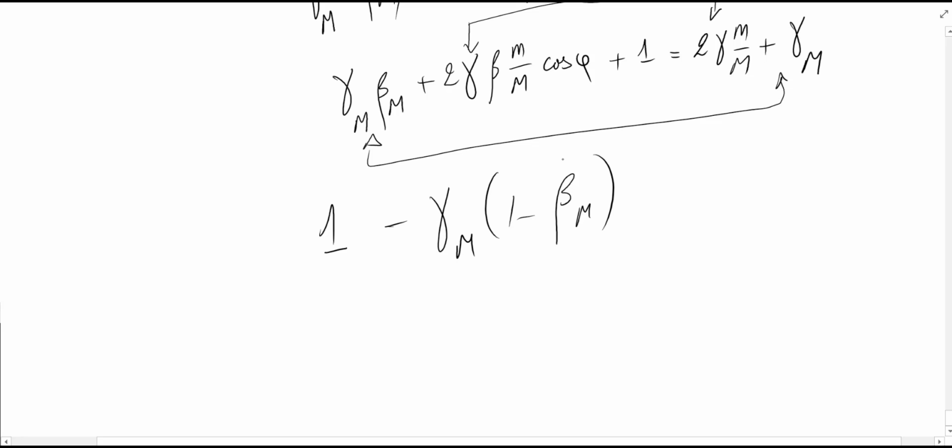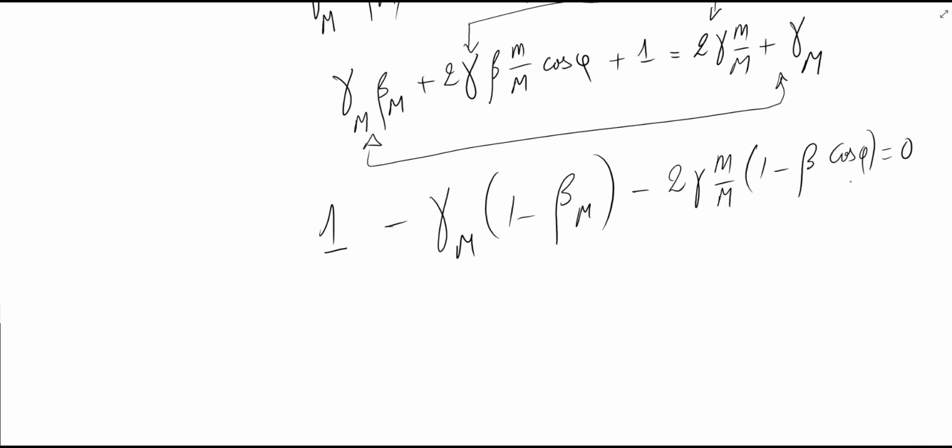Plus, I have a cosine of phi times beta, and everything else is the same. So for the same reasons, I'm going to write minus 2 gamma m over M times 1 minus beta cosine of phi is equal to 0.